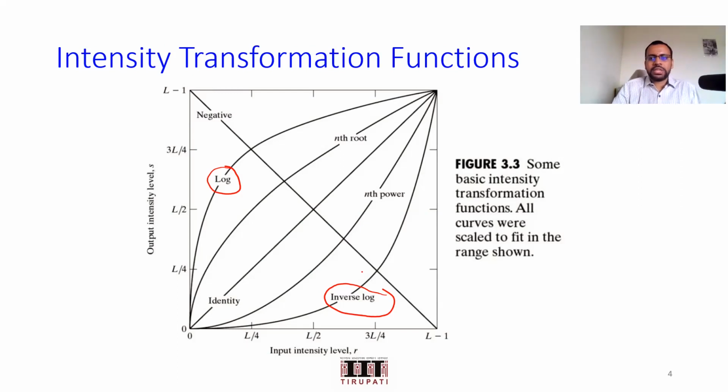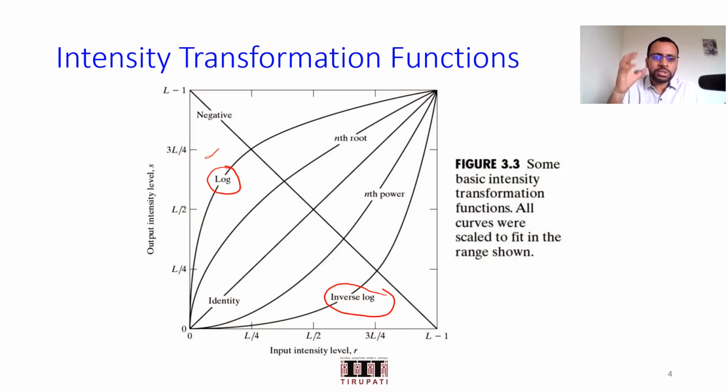Correct. Very good. See, a small range in, let us look at the dark one here. So a small range of intensities, that means low intensities, got mapped to a bigger range there.